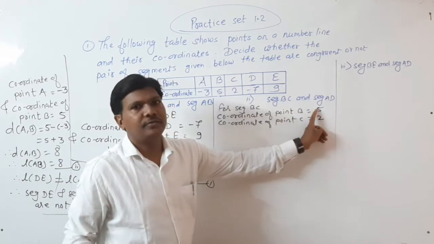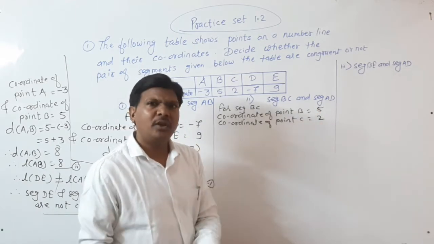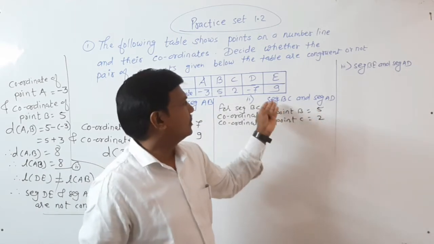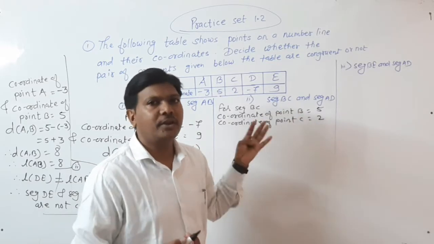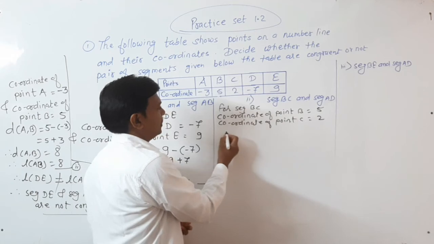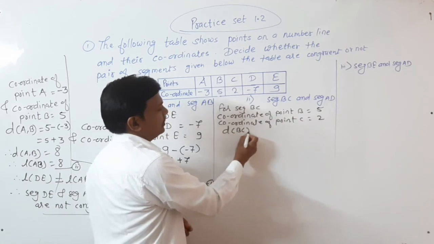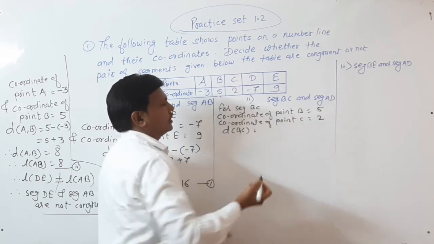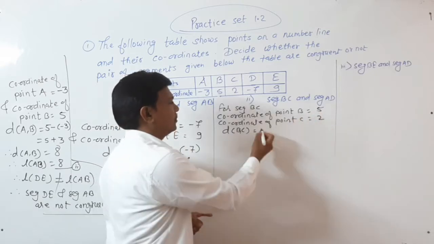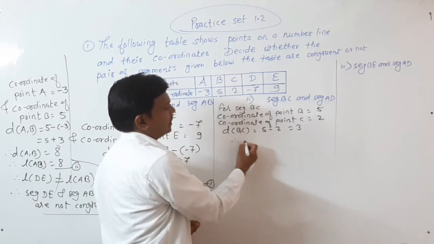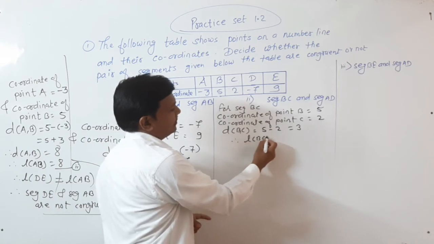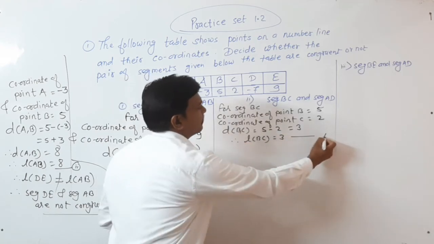So this 5 is greater. So we know orally 5 minus 2, distance between B and C is 3. But write each and every statement. So here distance BC equal to, this coordinate is greater, so we write 5 minus 2, that is 3. And that is the length BC, that is 3.